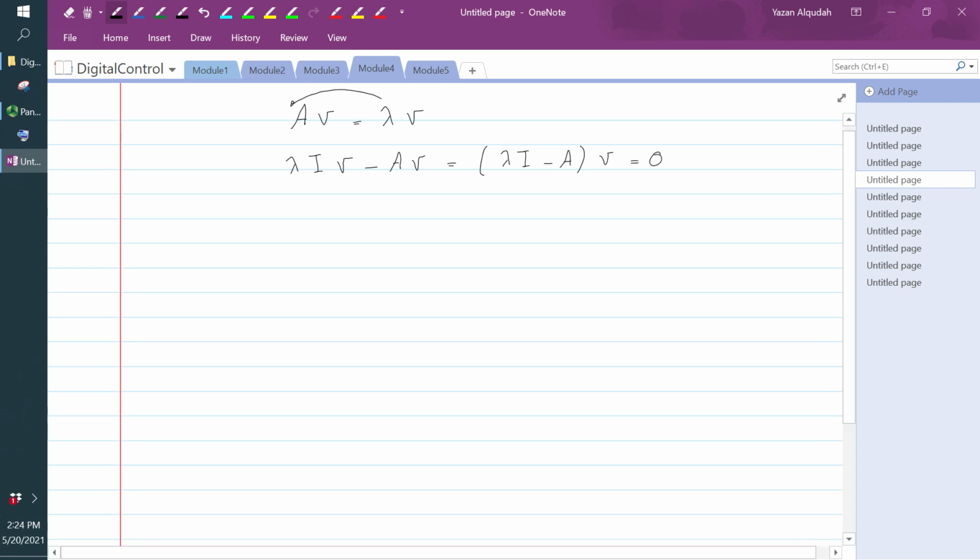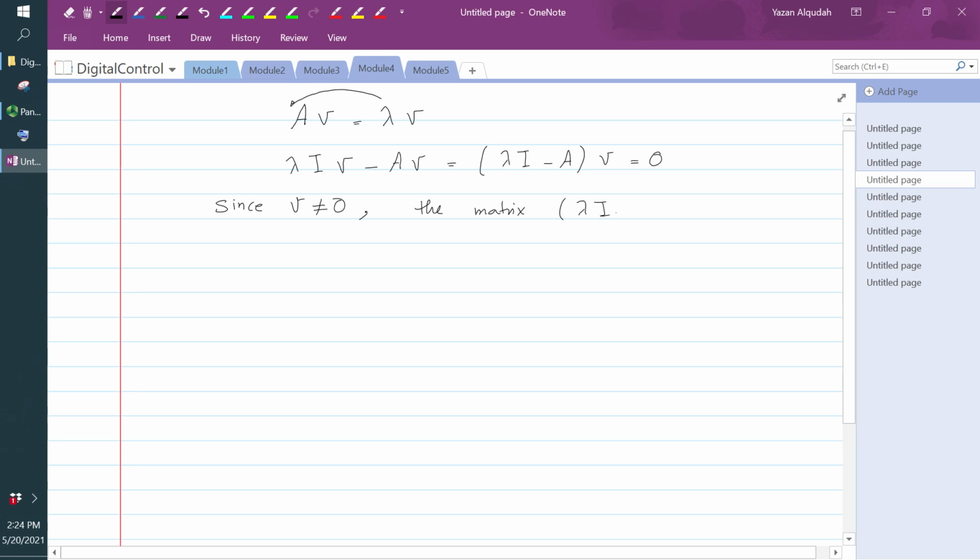Okay, now in this equation, since V is not equal to 0, the matrix lambda I minus A cannot have an inverse. Otherwise, we would have V equal to 0.